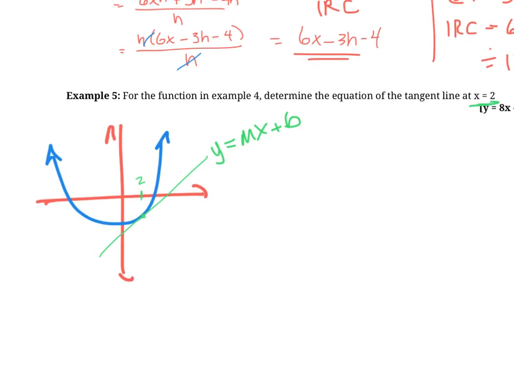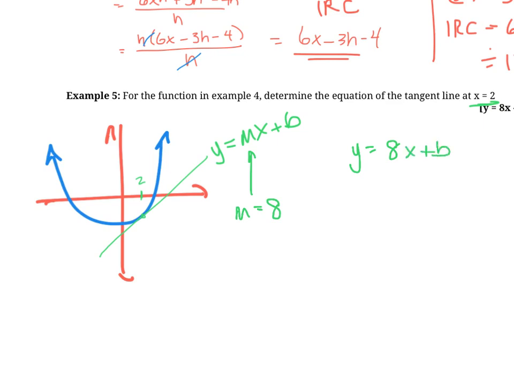Remember what the instantaneous rate of change is. It's just the slope of that line that just touches at that point. So we know the m for this is going to be 8. That's the point of what we did in the previous question. We found the slope of that tangent line. So we know that equation is essentially going to be y equals 8x plus b.